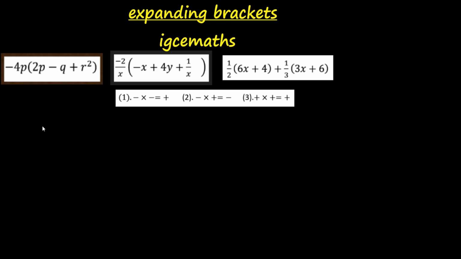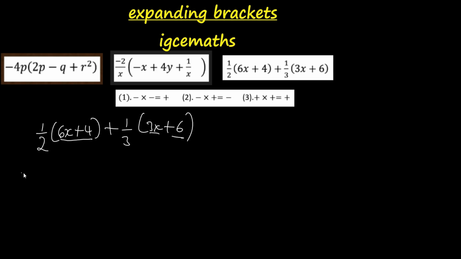The last question we have over here is 1 over 2 bracket 6x plus 4, plus 1 over 3 bracket 3x plus 6. Now over here, unlike the first and second questions, the 1 over 2 is only affecting or multiplying the 6x and the 4, and the 1 over 3 is also affecting or multiplying the 3x and then the 6.